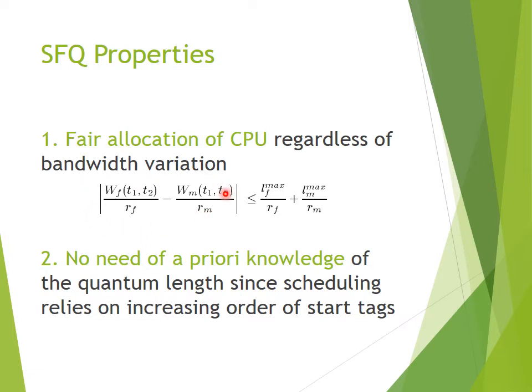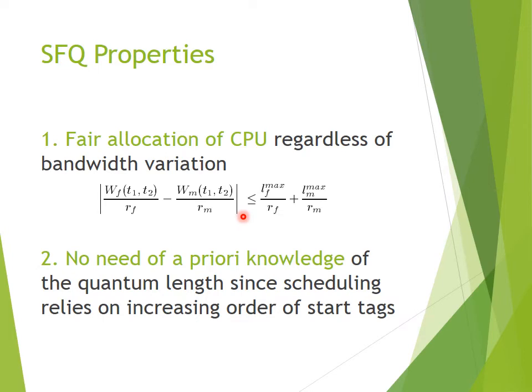If this whole expression equals 0, then process f and process m receive the same fairness. And the author proves that for his algorithm, the value of this expression is less than a bound, and he said that this bound is smaller than that of any algorithm present at his time.